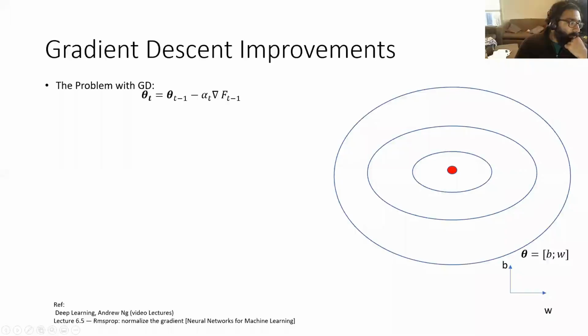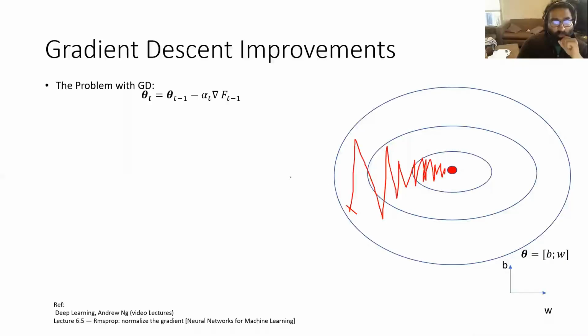So there are two problems which occur here. The first one which you notice is, suppose you start at a point here, and then the iterates may go like this, like there will be too much oscillation in the direction you don't want, and it may not be very efficient.